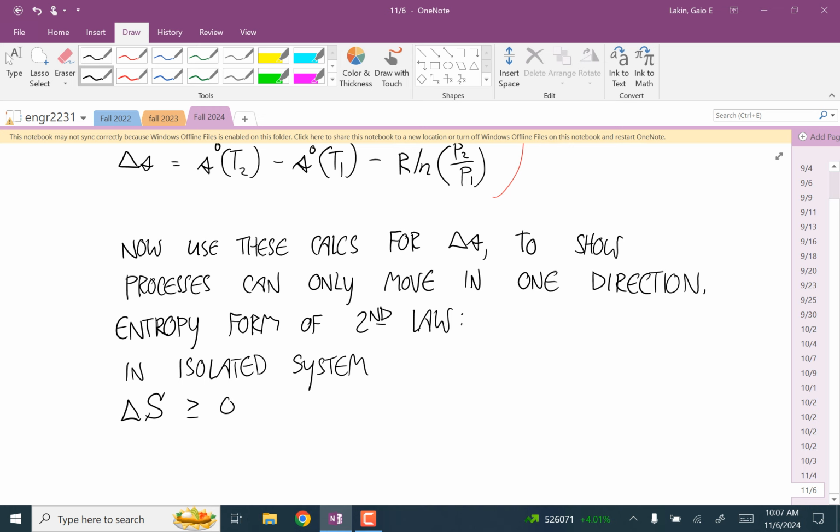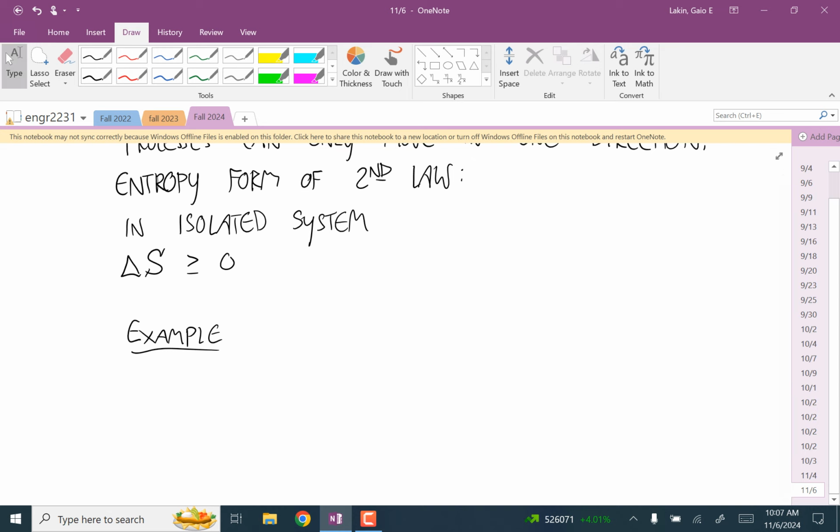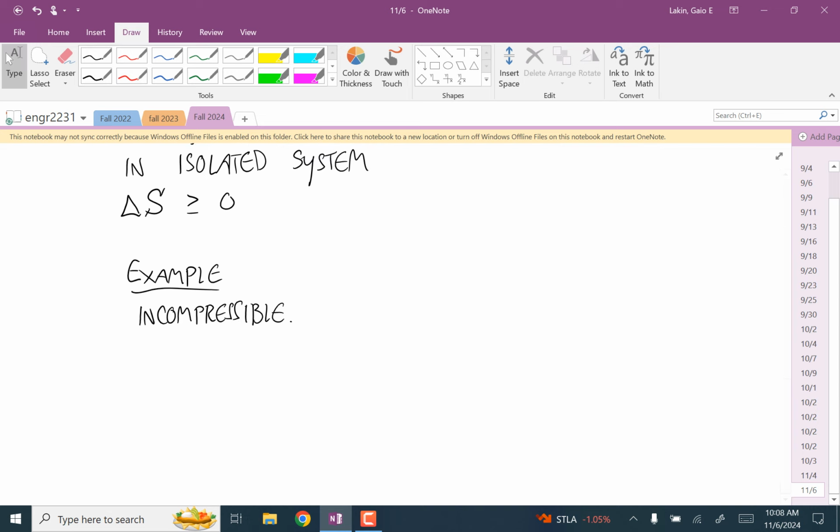Okay, so first we'll do it with incompressible materials. So let's say that we have an isolated system, and by that I mean it's insulated, so there's no heat transfer.